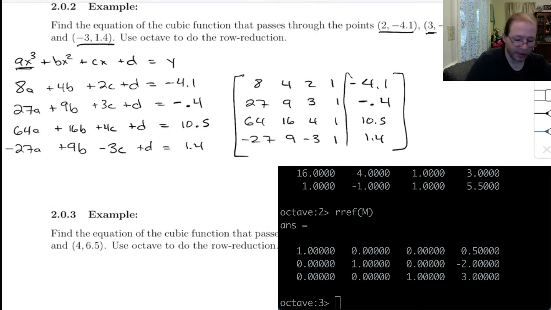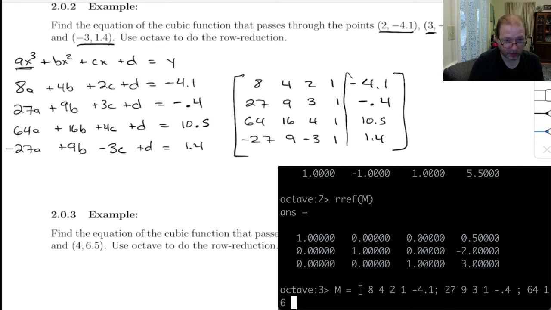So again, I'm going to put my matrix in. I'm just going to call it M for matrix. So M is, that top row, 8, 4, 2, 1, negative 4.1; 27, 9, 3, 1, negative 0.4; 64, 16, 4, 1, 10.5; negative 27, 9, negative 3, 1, 1.4.